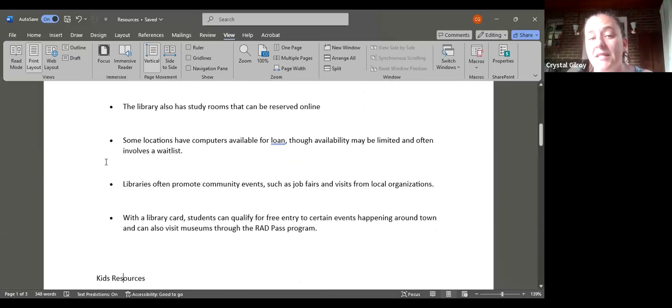Some libraries, and this does depend on location, have computers that you can borrow. That is not, again, every single instance. However, that is something that is also out there. Literacy Pittsburgh will also lend out Chromebooks for lessons to students who do not have them. But we do usually run a wait list.